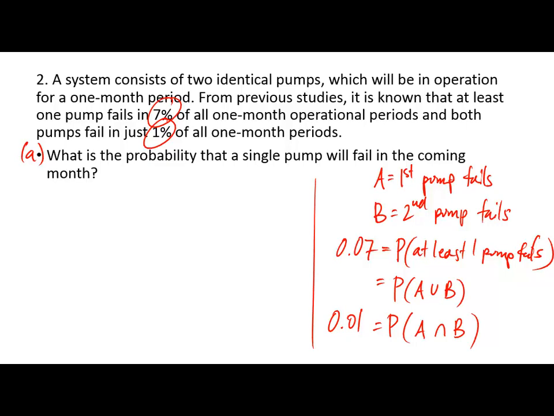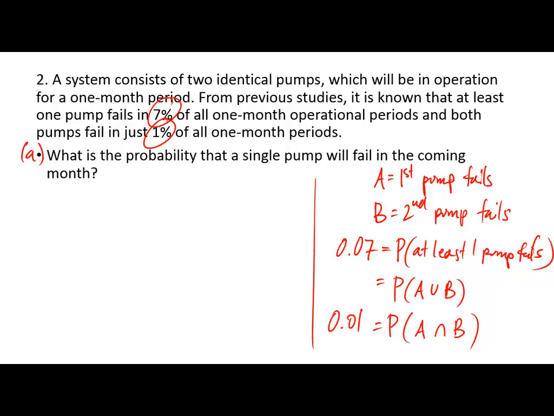Subtraction? Yeah, what do you mean by that? Usually you subtract A intersect B out of A union B. So why would you do that? Because in the Venn diagram we just saw, a single pump failing is in the two circles.